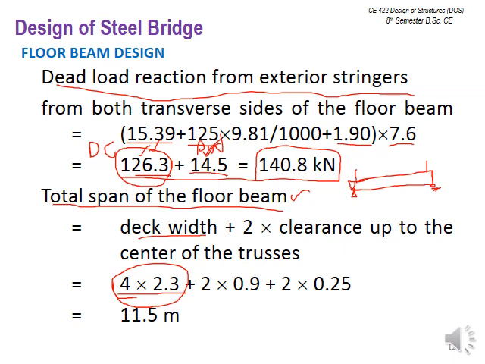If you are using a plate girder, the center of the flange needs to be placed over here. So this also needs certain space to place your plate girder, so that particular clearance is very important.